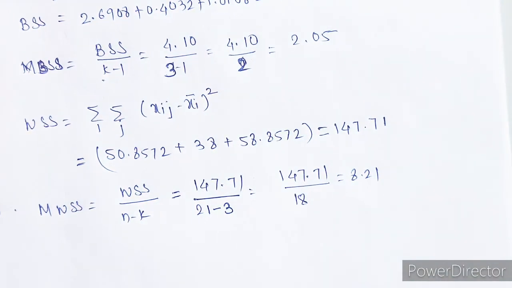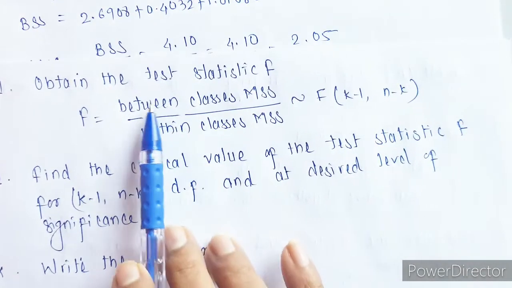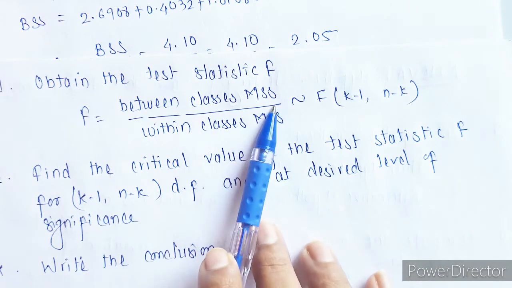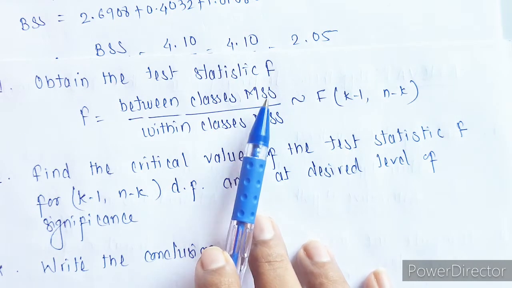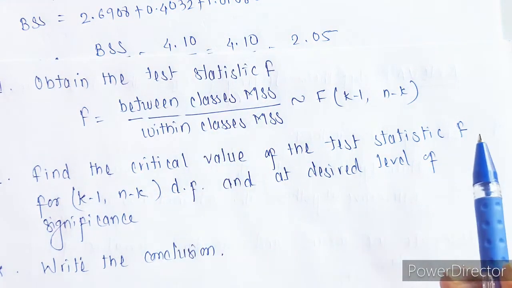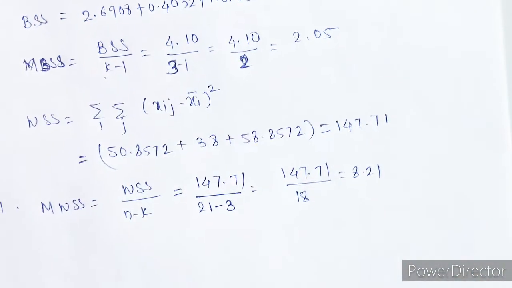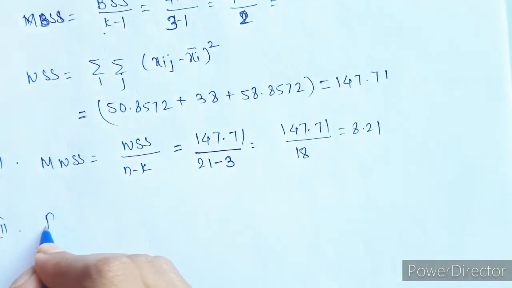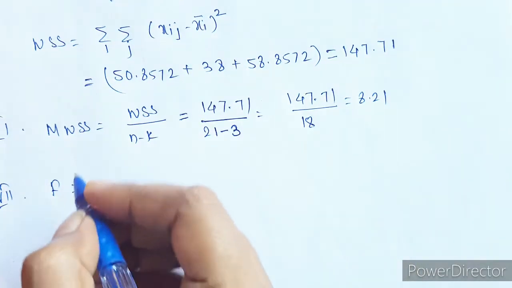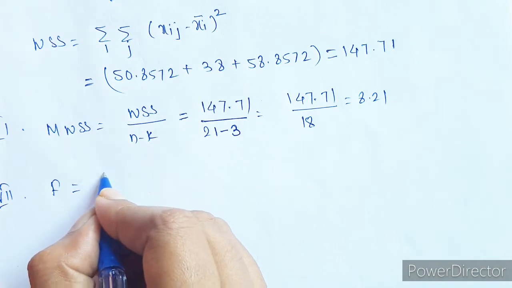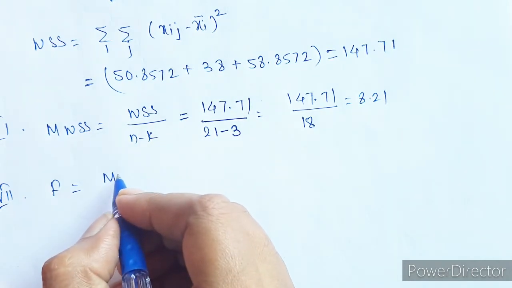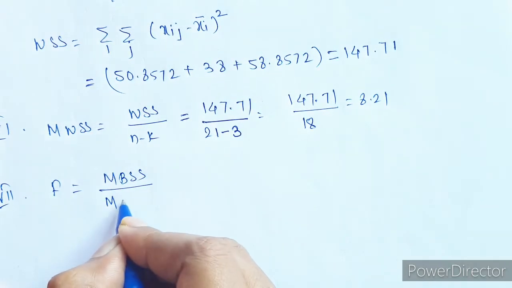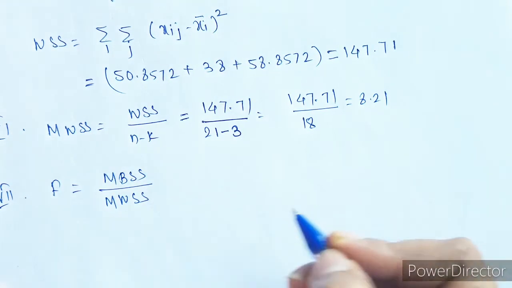So we got our mean of the sum of squares between the classes and the mean of the sum of squares within the classes. So the next step is we have to calculate statistic F, that is the mean of the sum of squares between the classes divided by the mean of the sum of squares within the classes. So the seventh step here is calculating statistic F, that is the mean of sum of squares between the classes upon the mean of sum of squares within the classes.